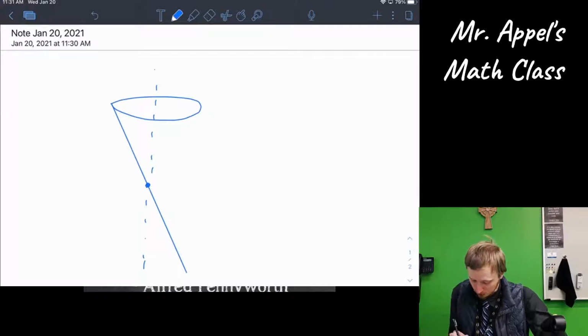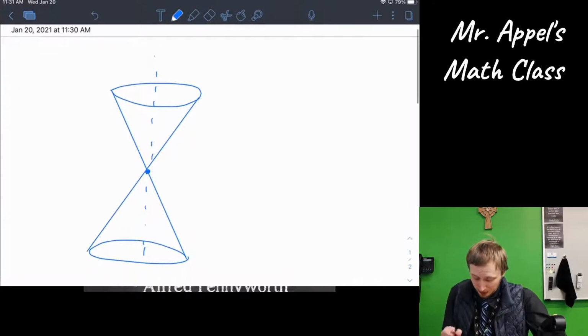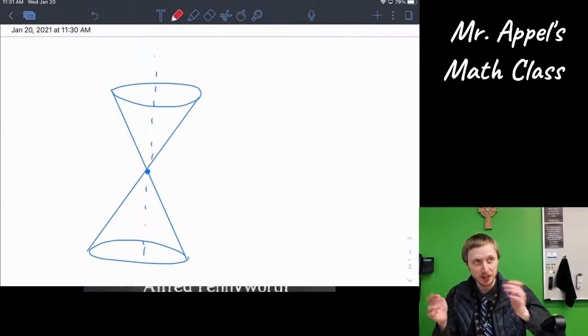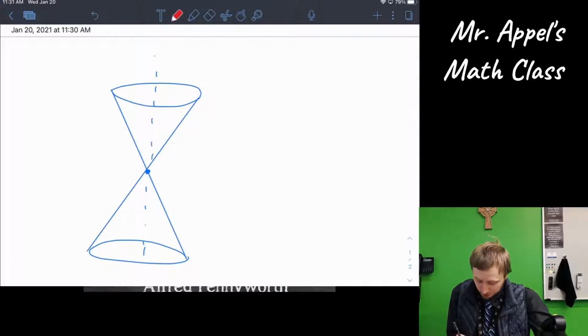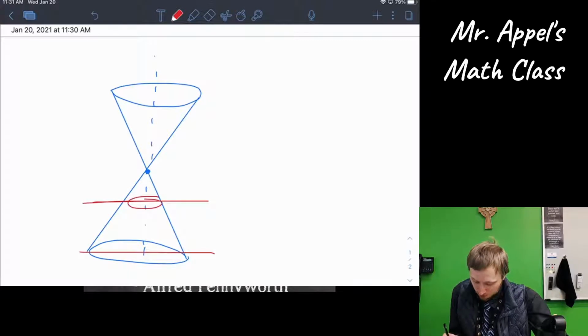So you get a circle up here and you get a circle up here, right? The double cone. And when I slice it in various directions, I end up with different results, right? If we slice it perfectly flat, parallel to the base, you get a circle.